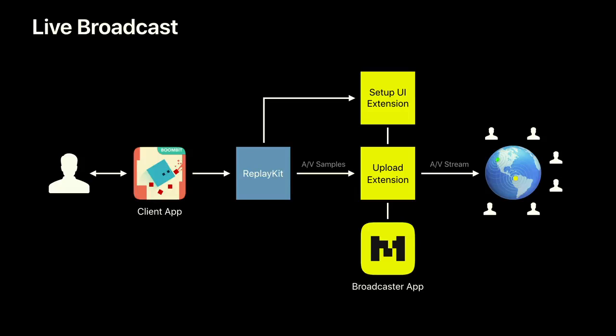And that would be Mob Crush for us. And the broadcast starts. And once broadcast is running, ReplayKit will be providing audio and video samples to the Mob Crush app extension that directly talks to the broadcast service, and the viewers around the world can watch that live stream online.